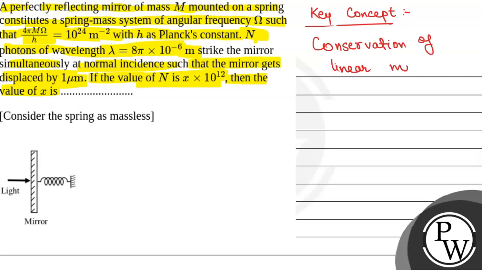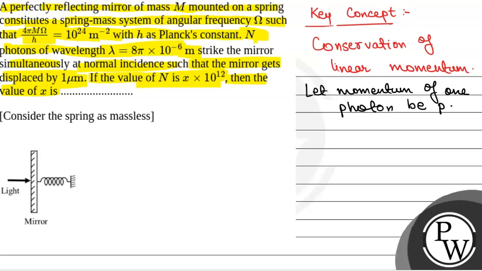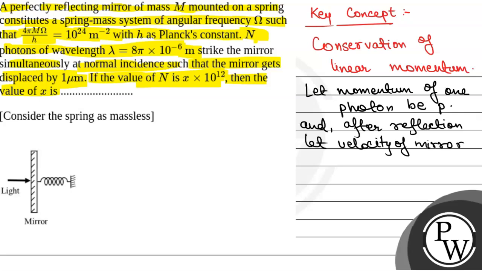Conservation of linear momentum. Now we will assume, let momentum of one photon be p, and after reflection let velocity of mirror be v.